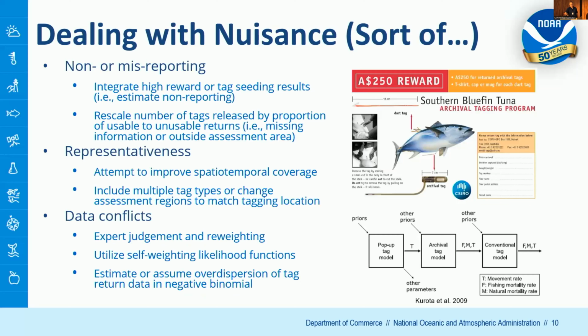I do think there's some power in trying to use multiple tag types simultaneously to get information out of those different types. So essentially, you have unobserved states from your conventional tags.